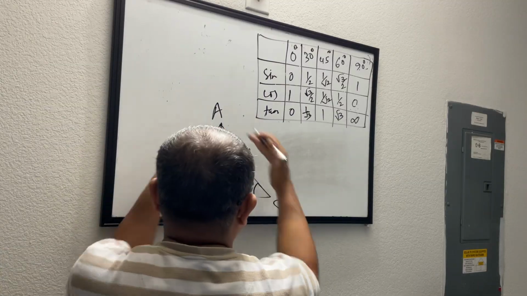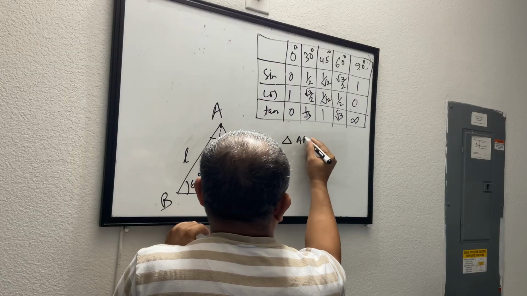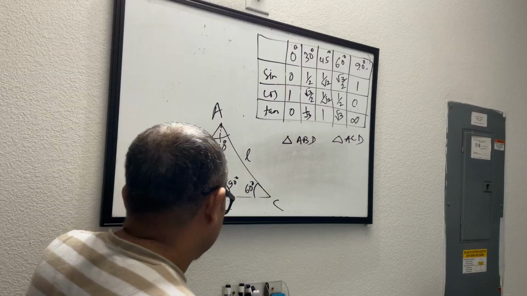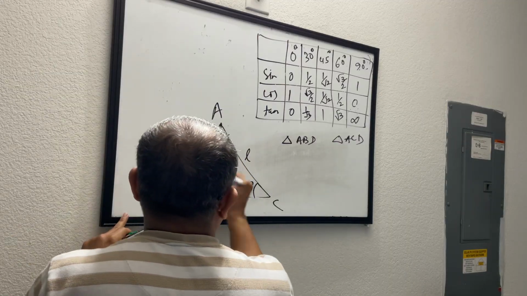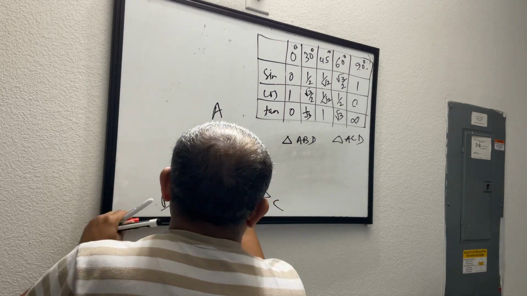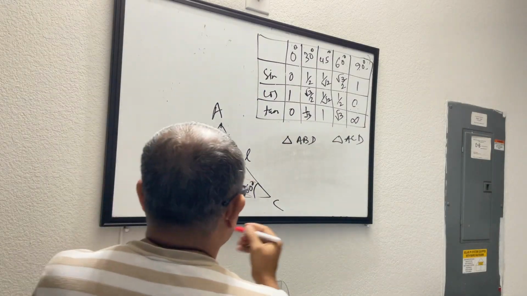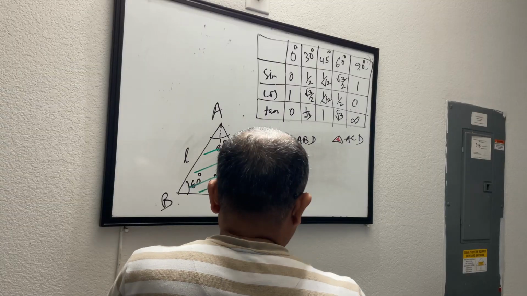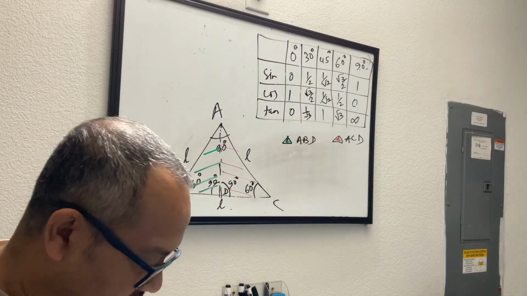We split this large equilateral triangle into two right angle triangles, triangles ABD and ACD, the one that you see in green and the one that you see in red. So ACD is the red one and ABD is the green one. Is that okay so far?